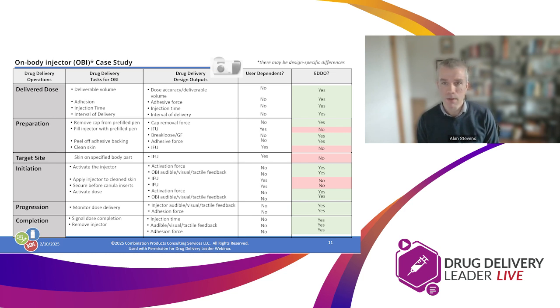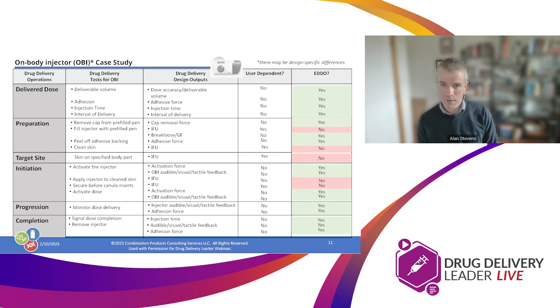So for user dependent, if you want to click through these. So Susan, we're getting questions about how we really interpret user dependence. Looking back at the guidance, what the agency has said is that it's not intended to address the human factors aspects, and they're trying to filter out things that are intended to capture what the device is doing in terms of delivering the drug or the preparation or initiation steps.